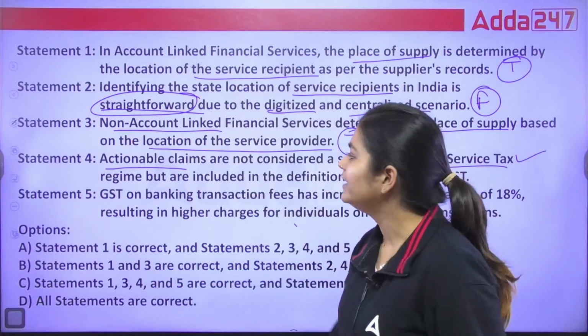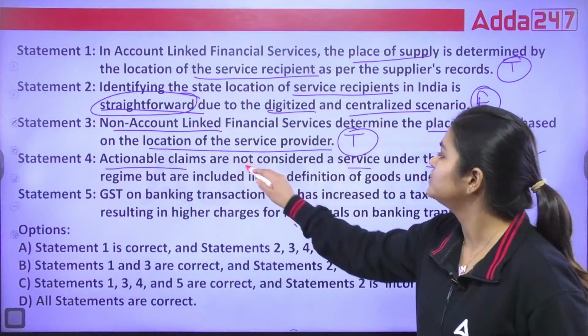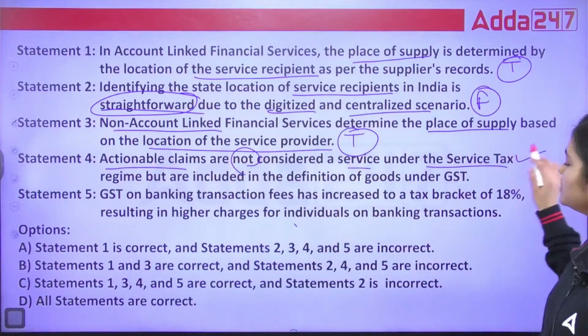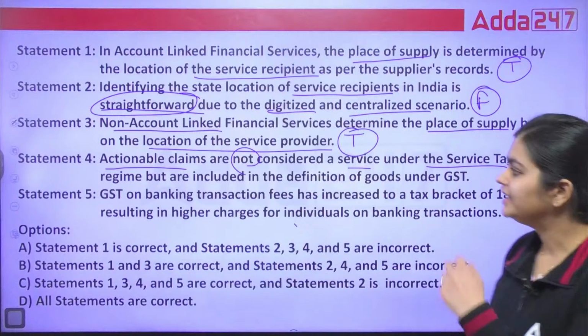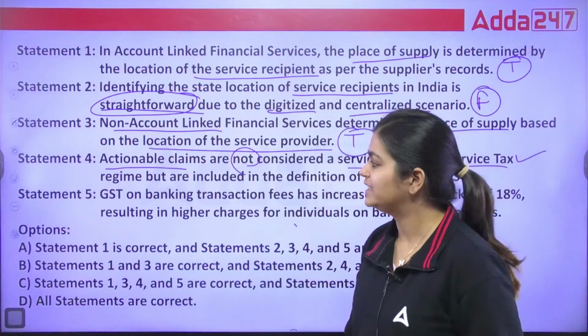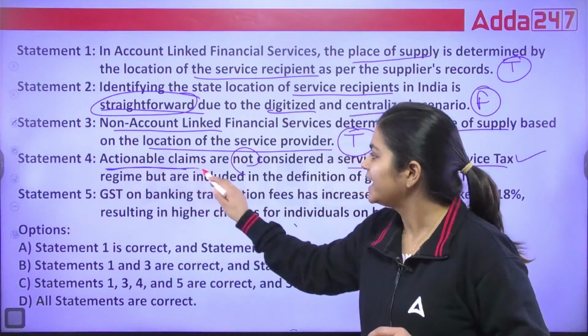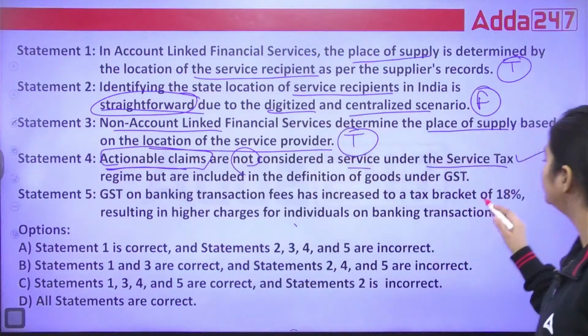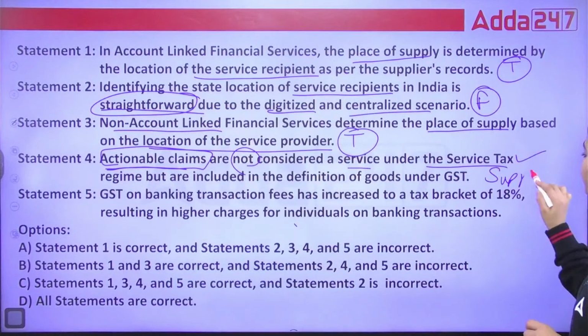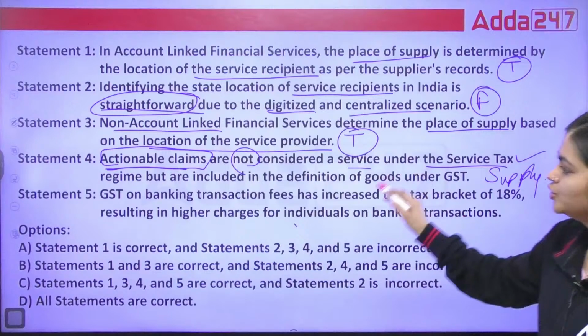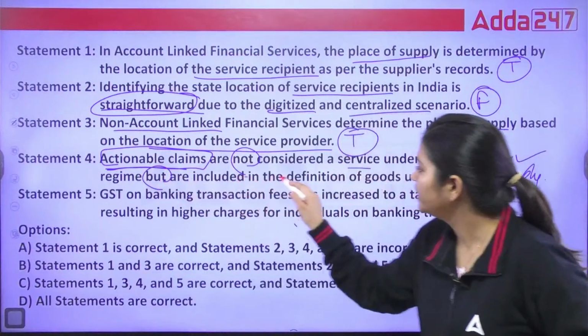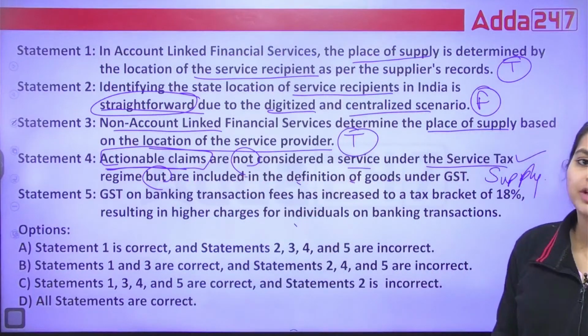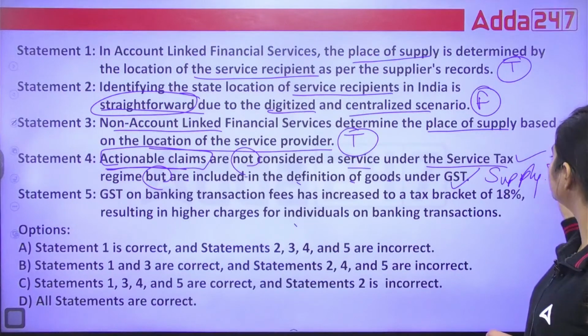So under that, actionable claims were not considered as service. This is a correct statement. But after the introduction of GST, actionable claims are included in the definition of goods under GST. So this is again a true statement.